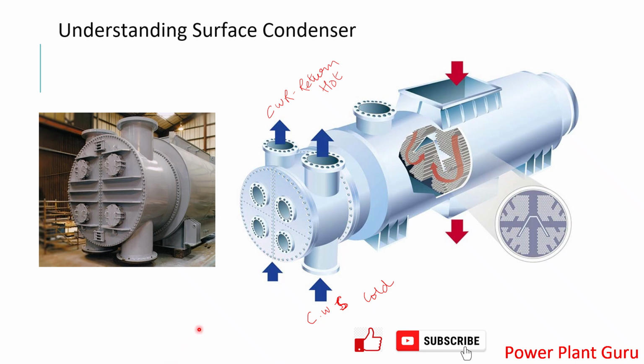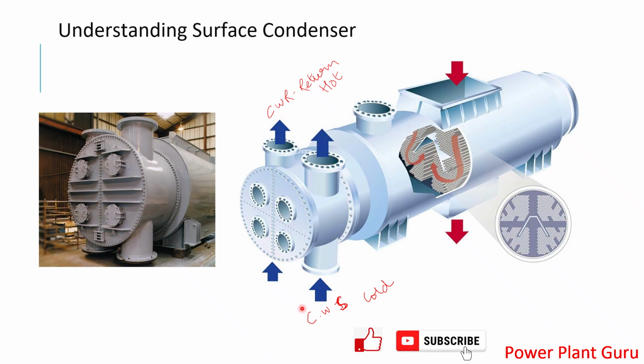Okay, so again I am taking the pointer. How will it happen? This is the inlet of the condenser, or we can say the exhaust from the steam turbine. We call it a steam chest. From here, the steam would come inside, right?